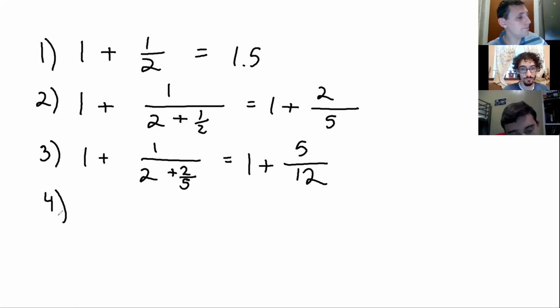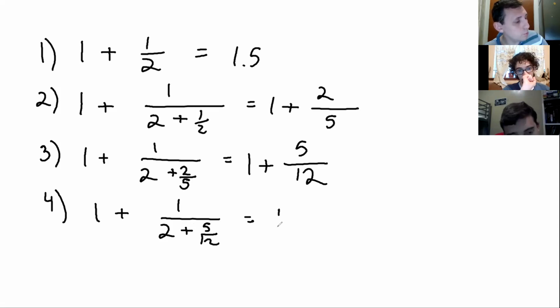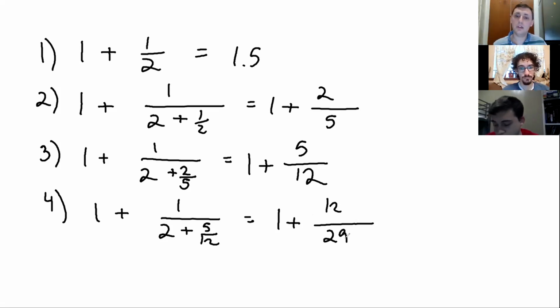Here is another one. 1 plus 1 over 2 plus 5 over 12. What do I get? You understand? I multiply top and bottom by 12. This would be 24 plus 5, which is 29. Right? 24 plus 5 is 29, right? So it's 1 plus 12 over 29.